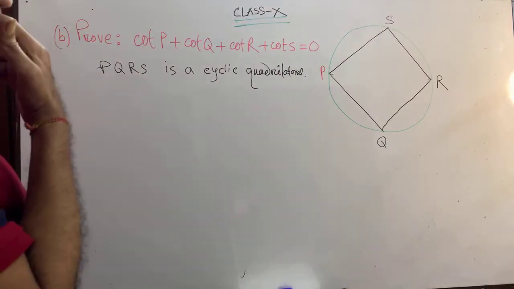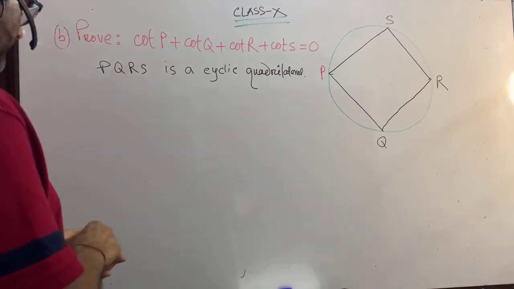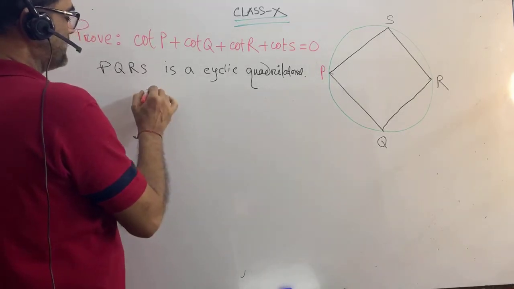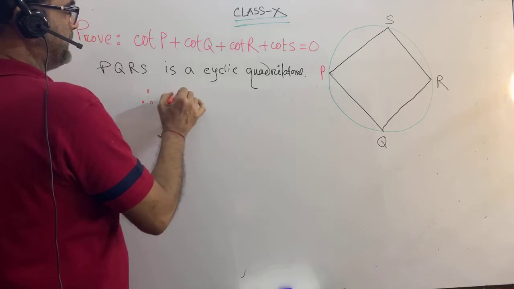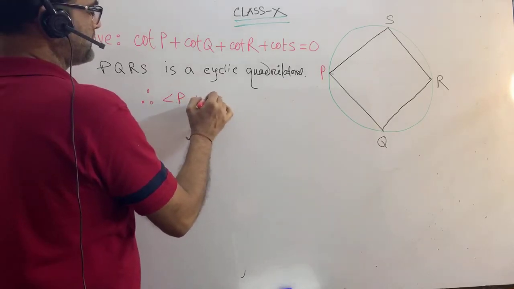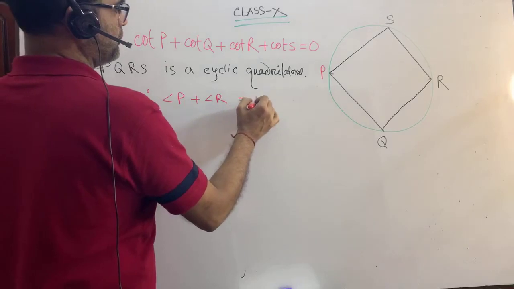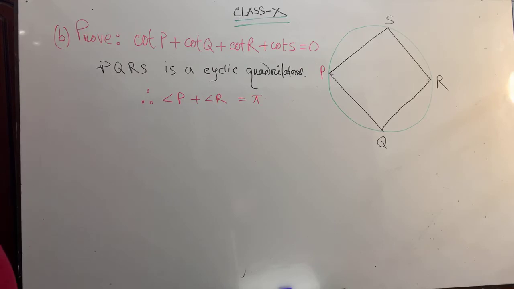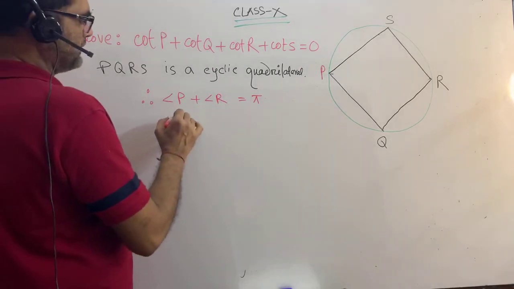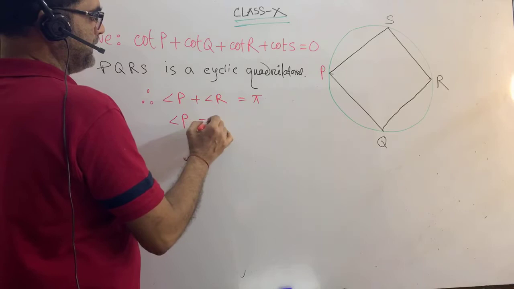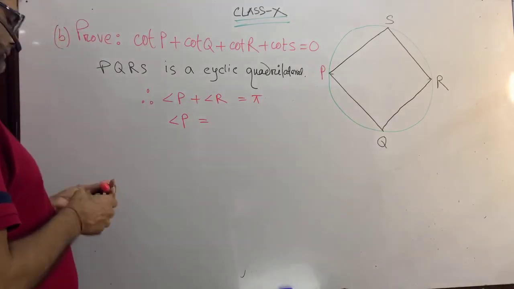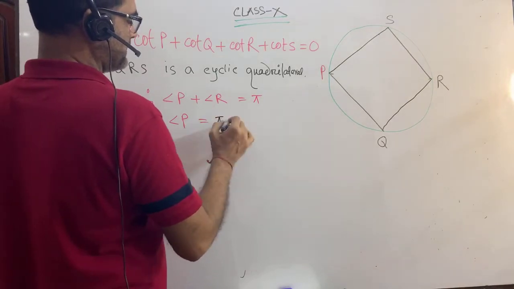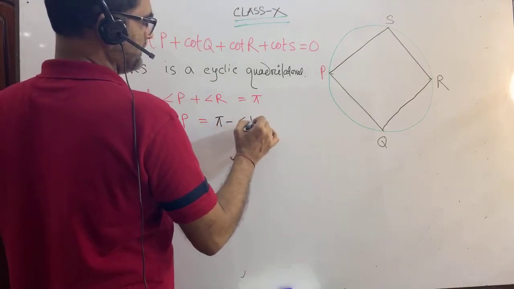I think all of you know it. That means here we can write, therefore angle P plus angle R equals pi. Pi means 180 degree. From here you can find the value of P. Angle P can be written as pi minus angle R.